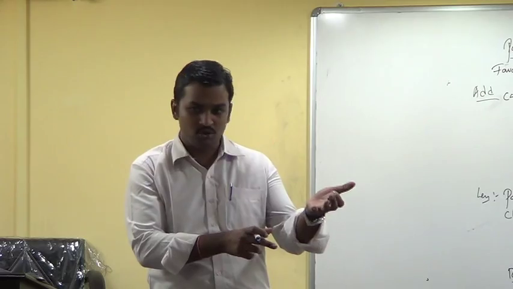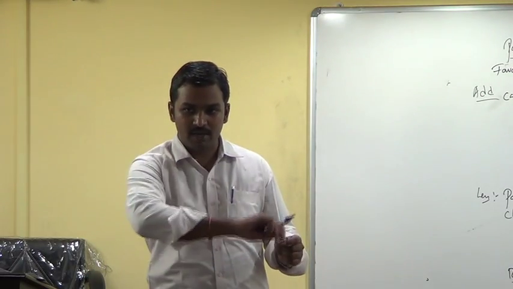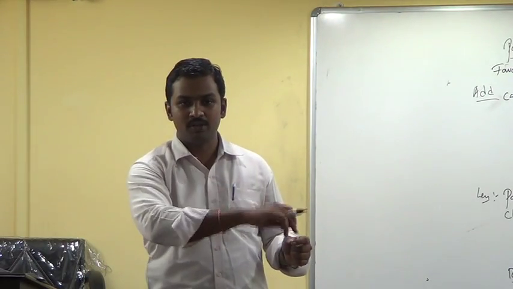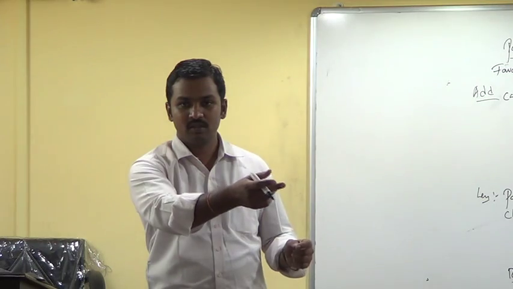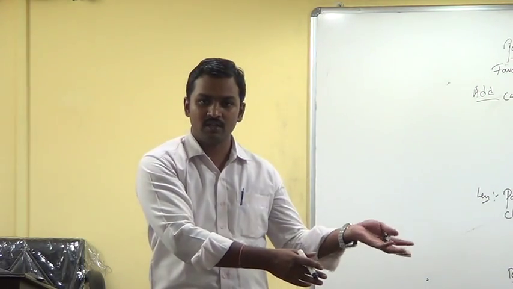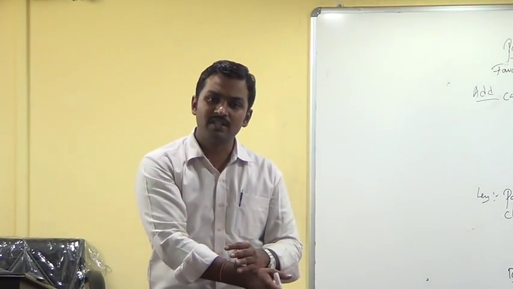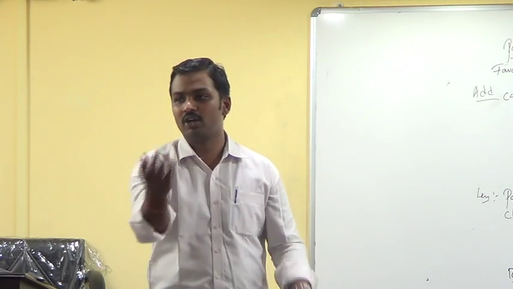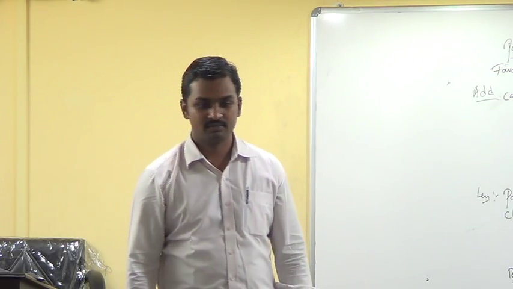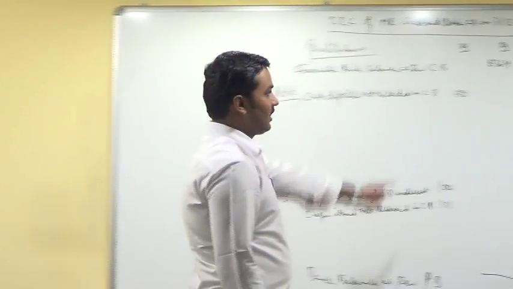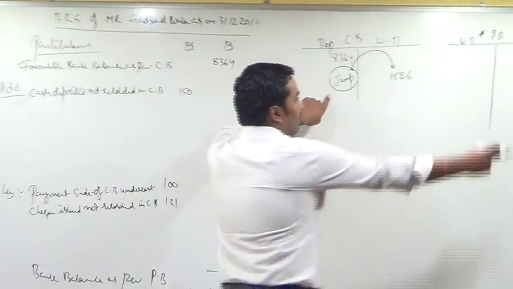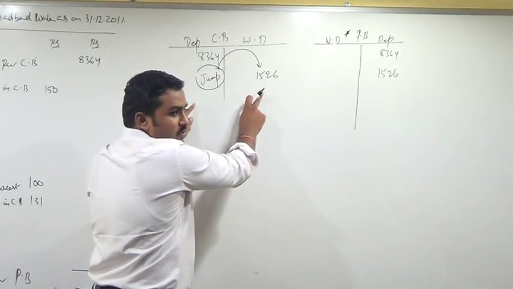When one of the pages is over, you have to do the balance and then the balance is taken to the next page. But balance should be taken to the higher side. Suppose debit side was higher in the last page, balance should be written again on the debit side in the next page. But by mistake he wrote it on the credit side. Correct position was 1526 debit, 1526 credit. But by mistake you transferred it to 1526.